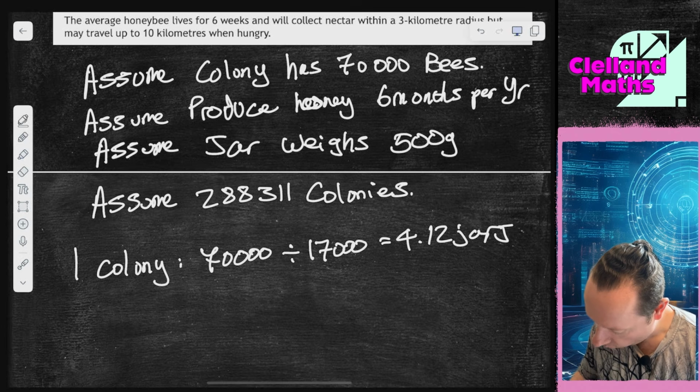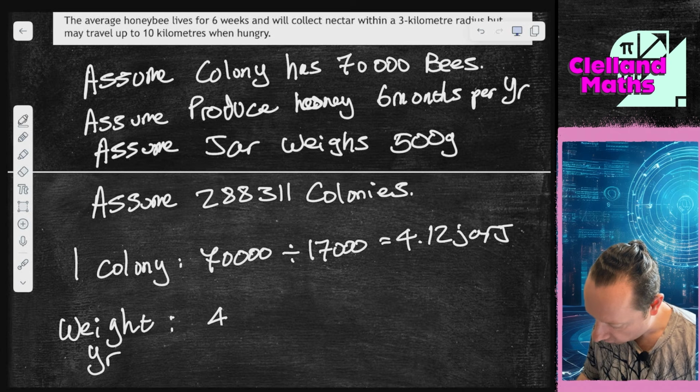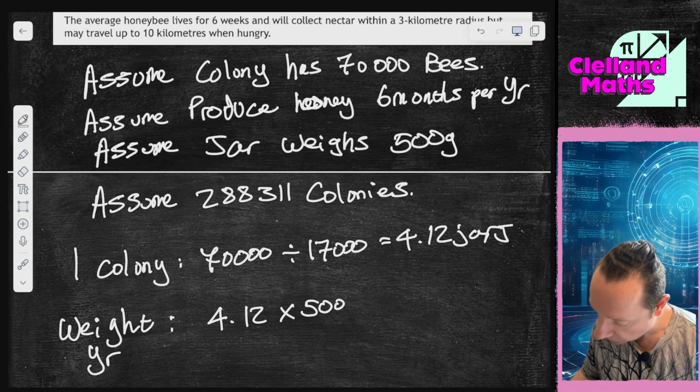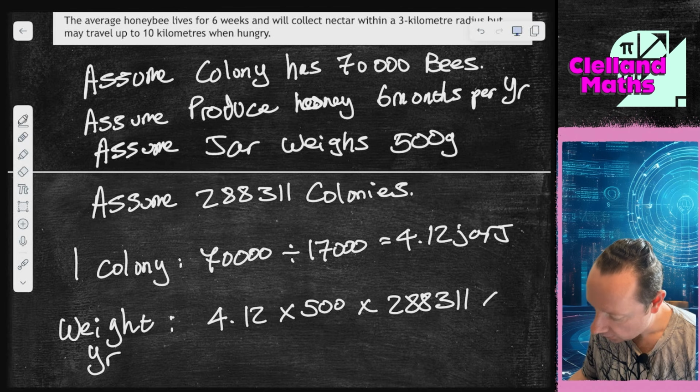So then to get our total weight for a year, we need to use all our assumptions. So 4.12 jars times 500 grams a jar times 288,311 colonies, and that's for a month, and we're going to go for 6 months.